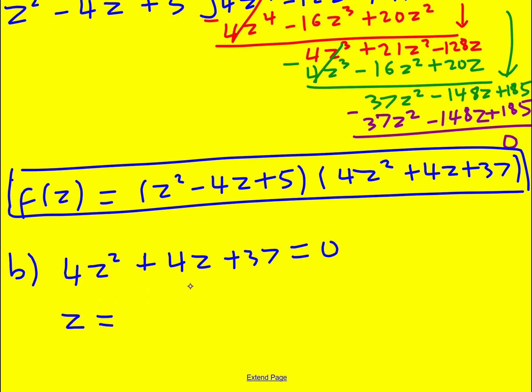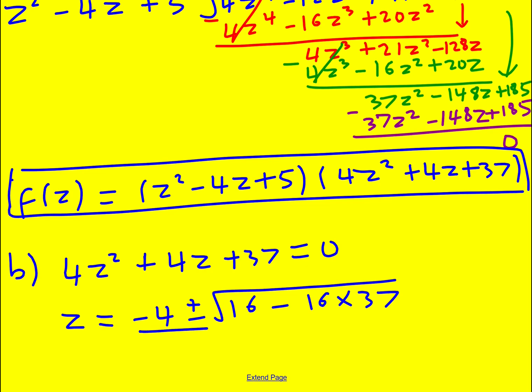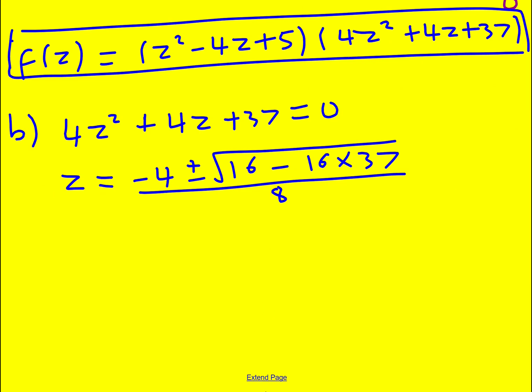So let's do the quadratic formula. z is going to be minus 4 plus or minus the square root of 16 minus 4ac, so that's going to be 16 minus 16c, all over 8. Okay, do you know what? I'm going to carry on doing this without a calculator.